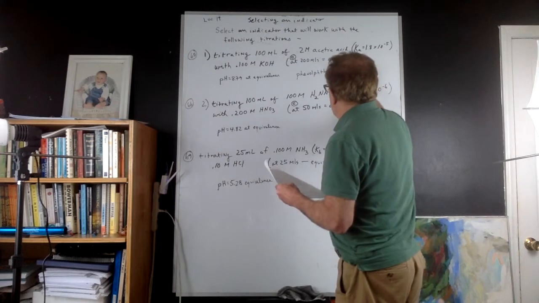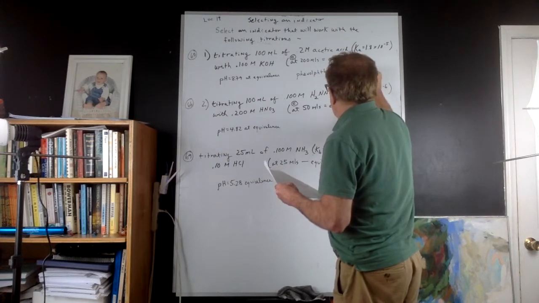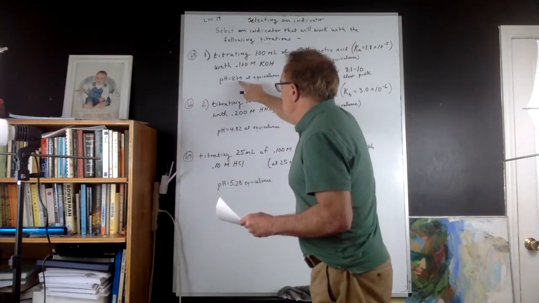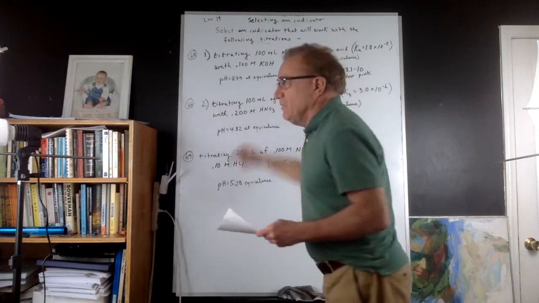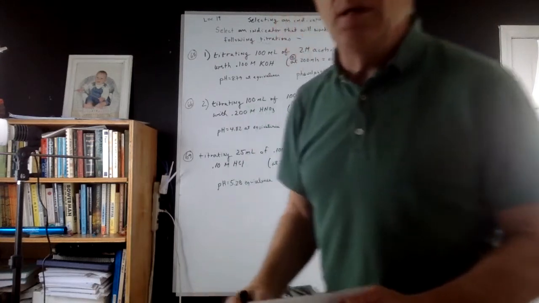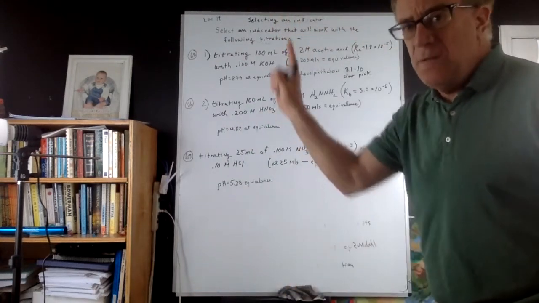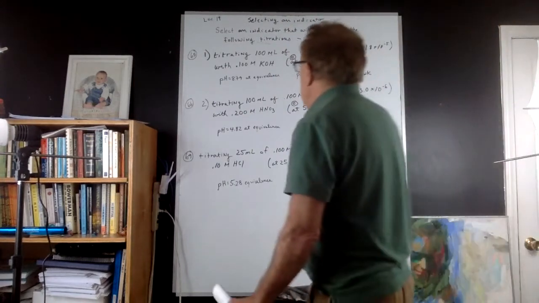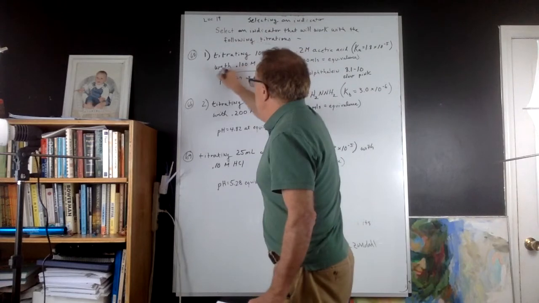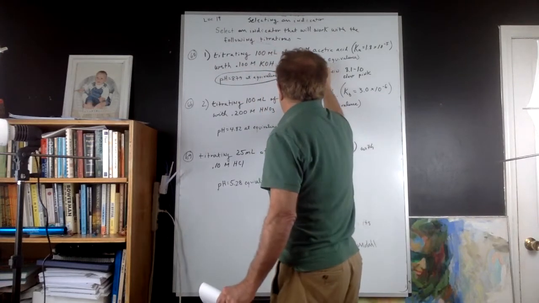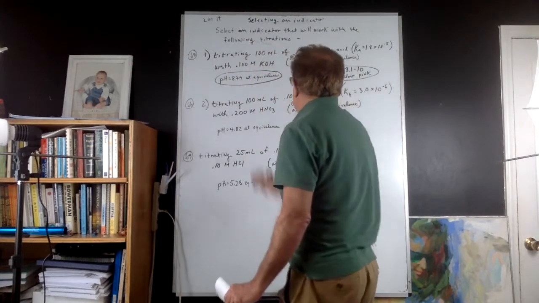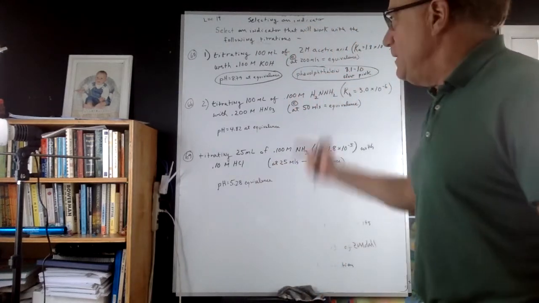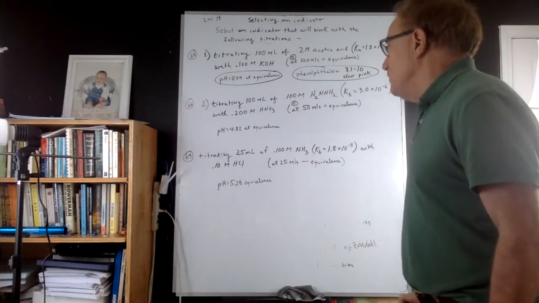It changes from clear to pink. Because 8.79 is in that range, this is a good indicator to choose. And you don't have to be too precise because of the steepness of that curve that I talked about in the last lecture. So once again, you find the pH at equivalence, and then you go to a chart and select an indicator that changes color in that pH range.